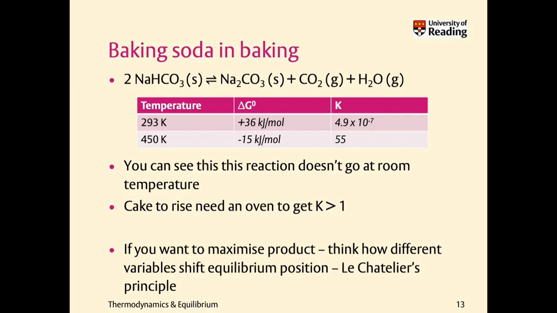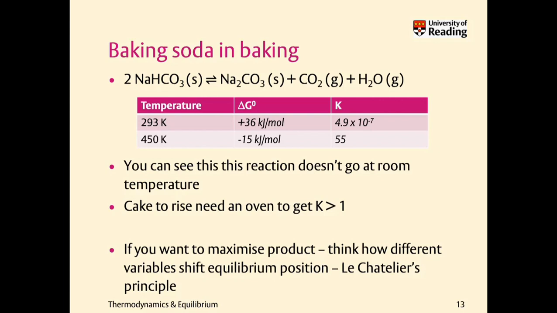And you'll notice that at room temperature, delta G for the reaction is plus 36, so also saying the reaction doesn't occur. So you need higher temperatures for this reaction to occur and for this equilibrium to shift to a point where products are forming.